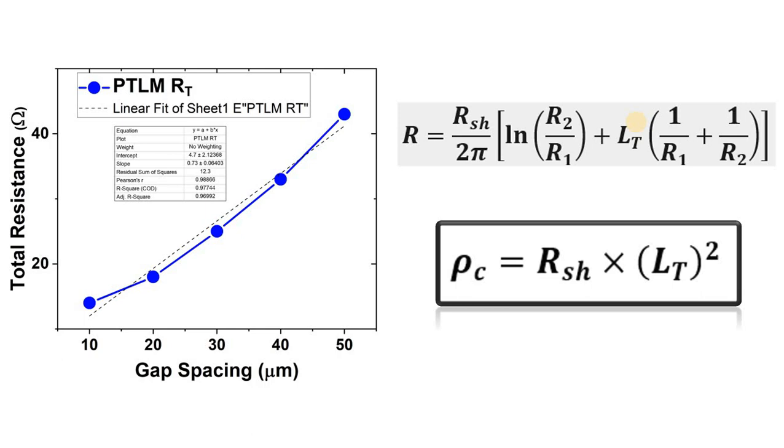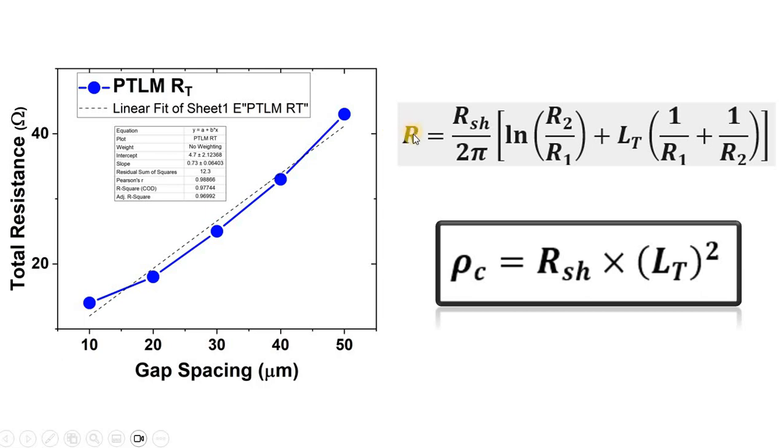Transfer length is the distance over which the majority of the current transfers from the metal contact into the semiconductor material. It indicates how effectively the current spreads out beneath the contact, and it is crucial to determine the efficiency of current injection in the contact region.